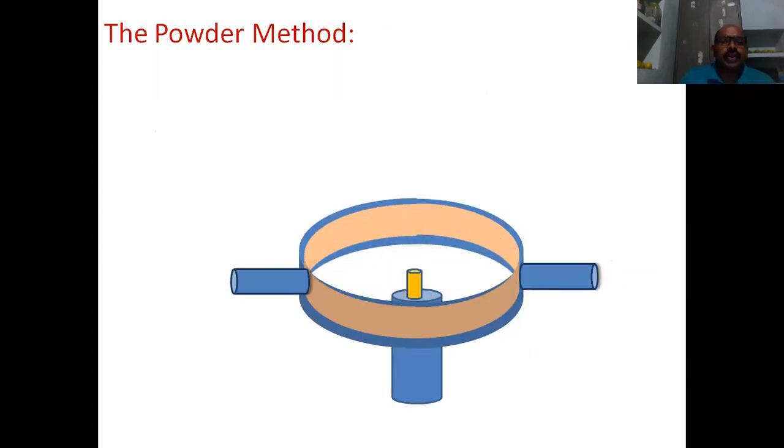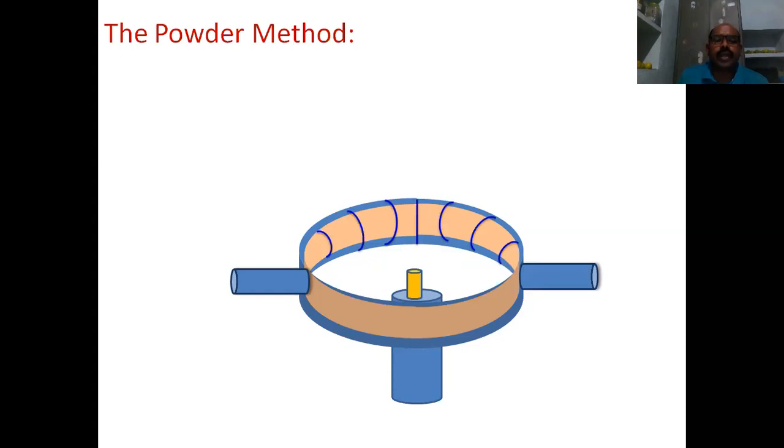In this video we have learned how to calculate the interplanar spacing, how to calculate the Miller indices, and how to know the crystal structure using the powder diffraction method.